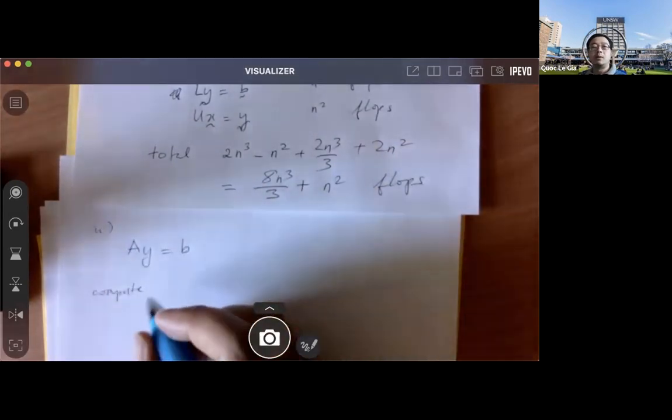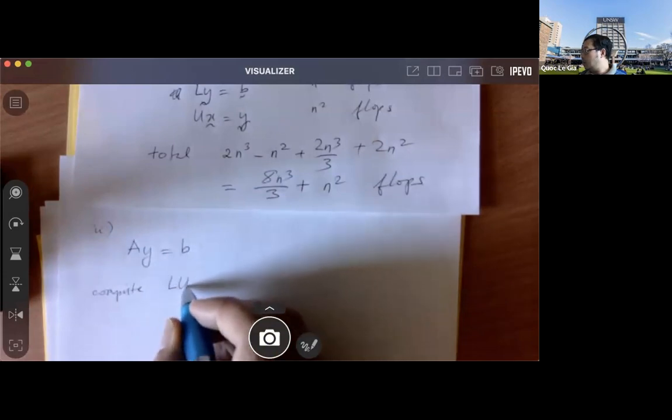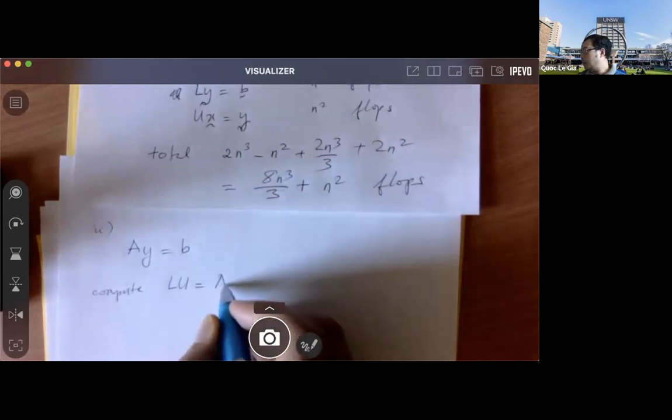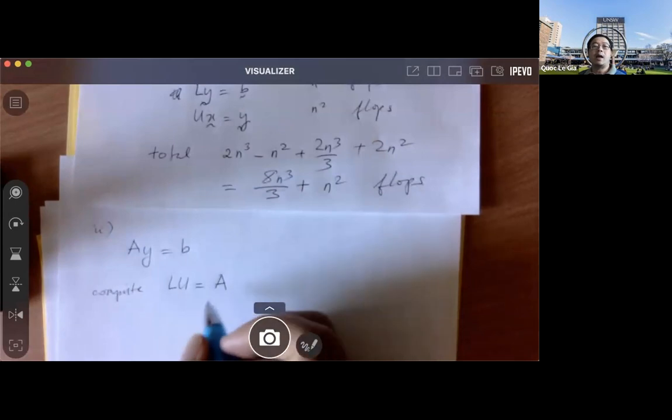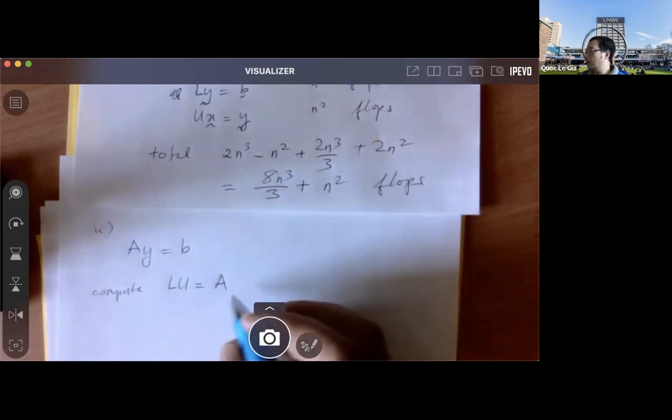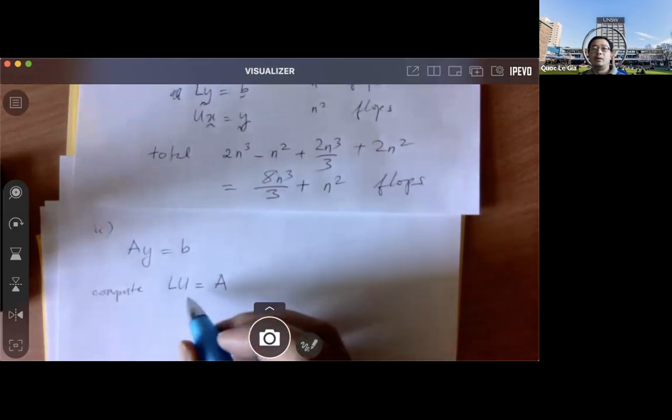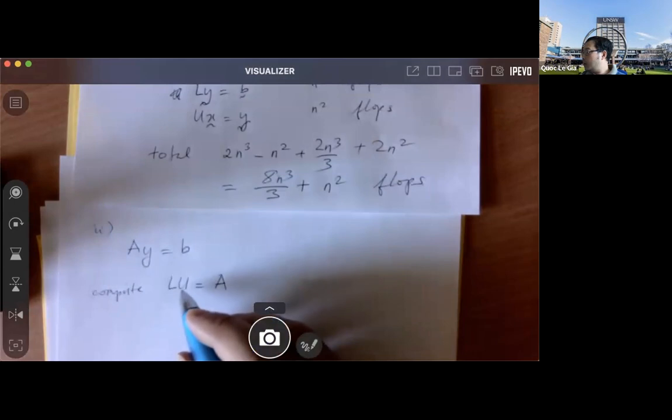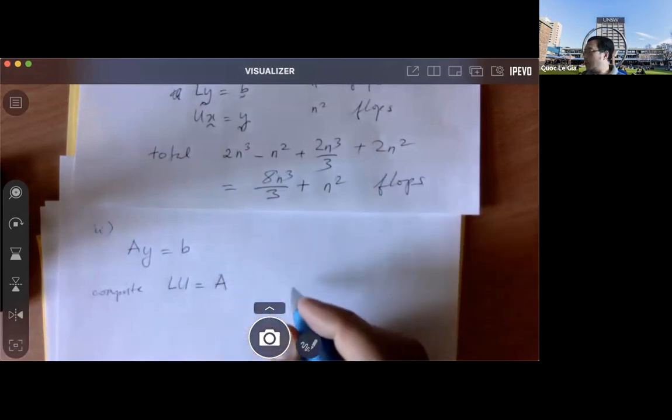You compute the LU factorization of the matrix A. In this case, I just ignore the permutation matrix P, but in general you have to have a permutation matrix P. This one takes 2n cubed over 3 flops.